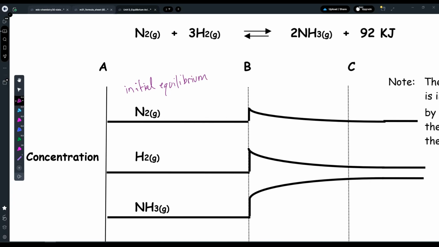Now, since all of these are sharp increases, that means that it's going to be pressure or volume because all of the concentrations are sharp changes. And because they all go up, we can say that pressure increased. Okay, and how you can increase the pressure is by decreasing the volume of the container.